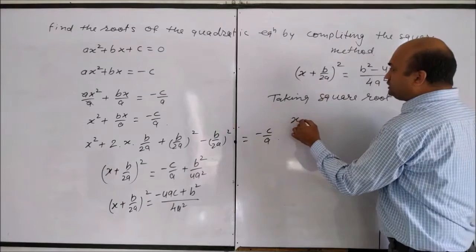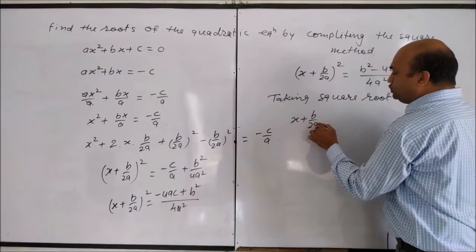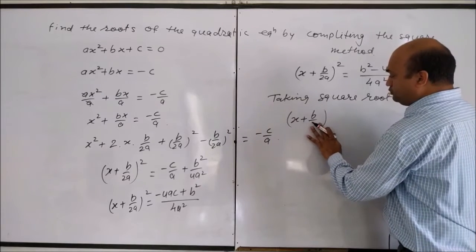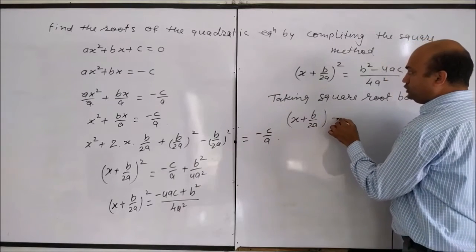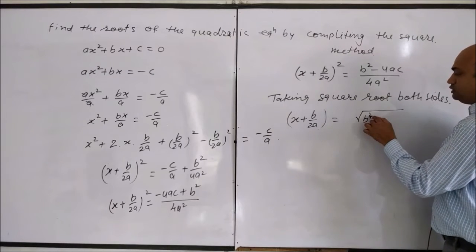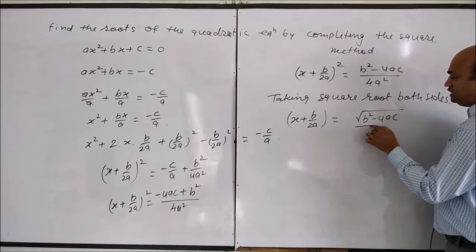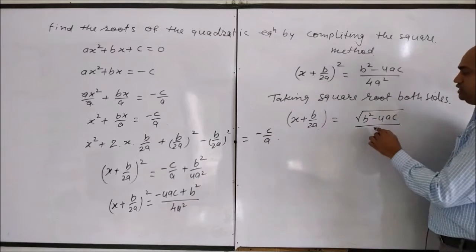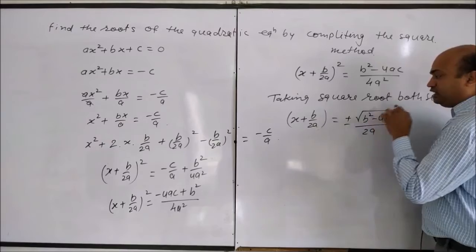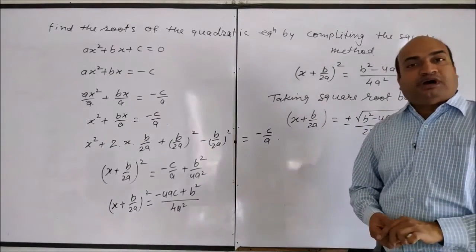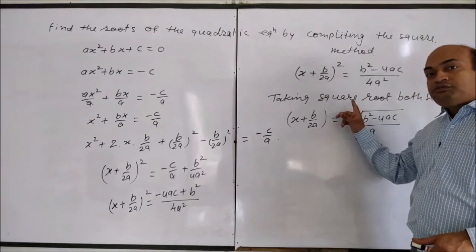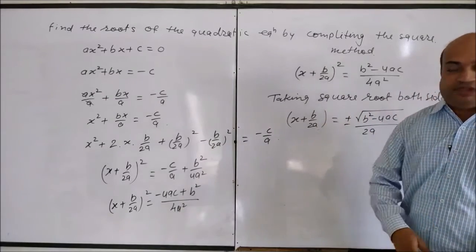This will be x plus b by 2a, and here under root b square minus 4ac by under root 4a square, that is only 2a. And here both signs we apply, plus and minus. Why? Because whenever we take a square root of some number, plus and minus both signs we apply.